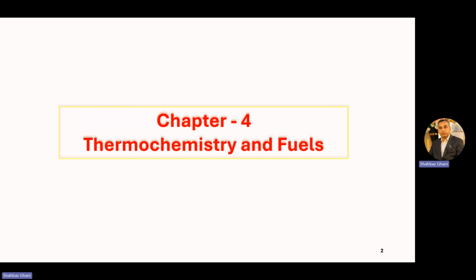In the second chapter, we studied the operating characteristics, different equations and parameters, and how we find them. And in the third chapter, we studied engine cycles for SI engines and CI engines, 4-stroke and 2-stroke. Now in chapter 4, we will study thermochemistry and fuels.